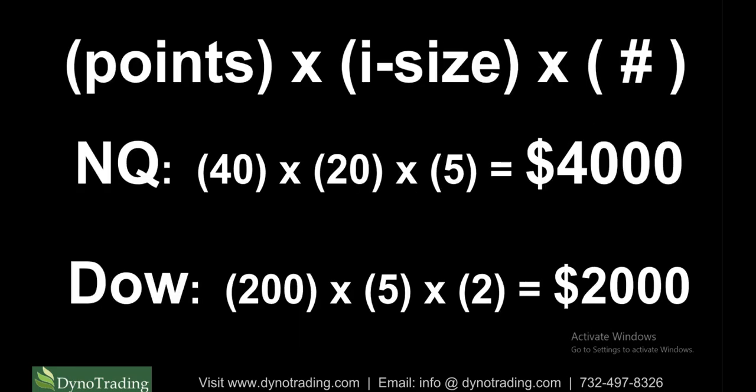Just so you get an idea of other examples with other futures instruments, the NQ, my personal favorite, here's another example. The first variable is 40. If you can capture 40 points on the NQ, and keep in mind, the NQ moves almost 200 points sometimes intraday, you take 40, multiply it by the contract size of the NQ, which in this case is 20, and multiply that by 5, which is the number of lots that I trade.